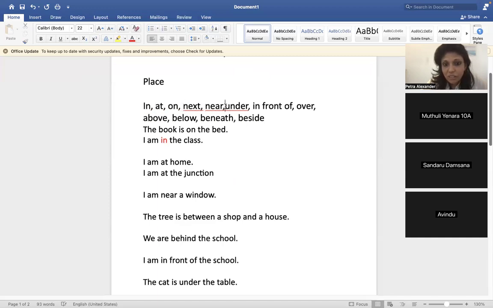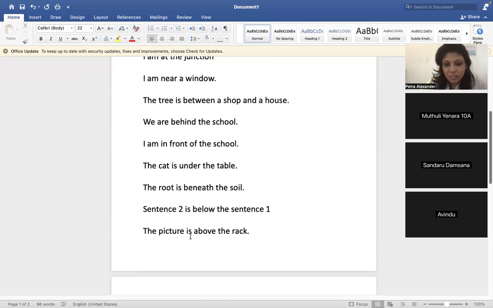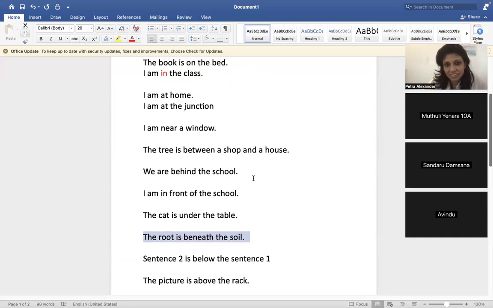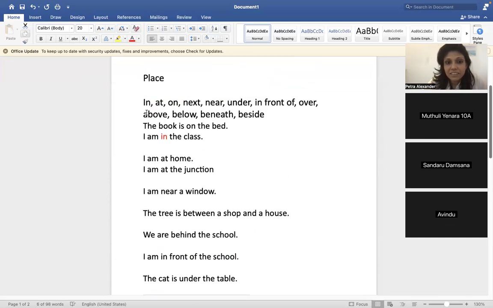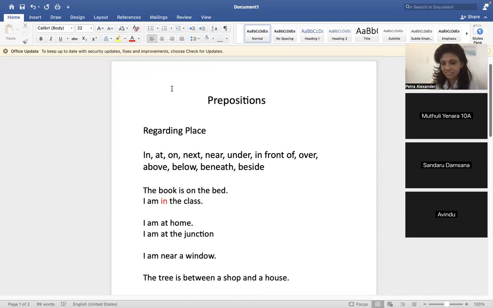If you want, you can write the examples, but don't write everything because you know it. If you want, write something like this one. Okay, but write the prepositions regarding places.